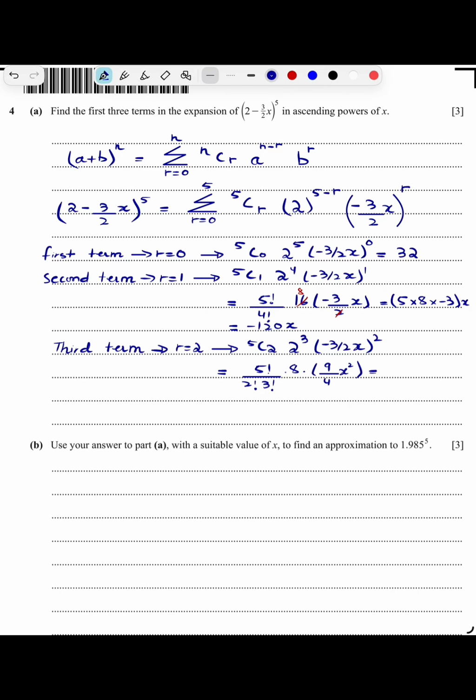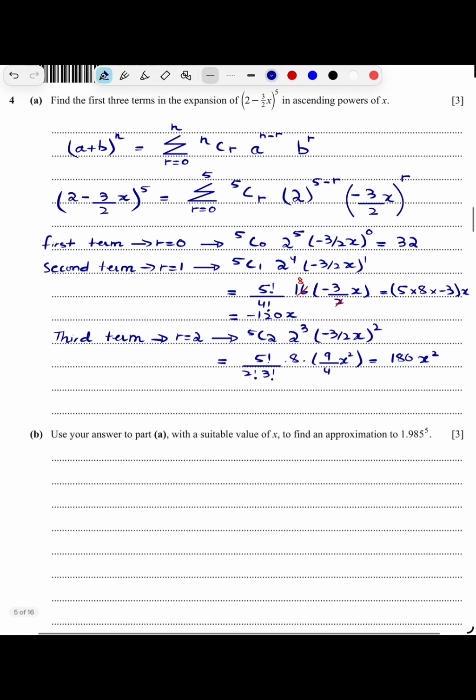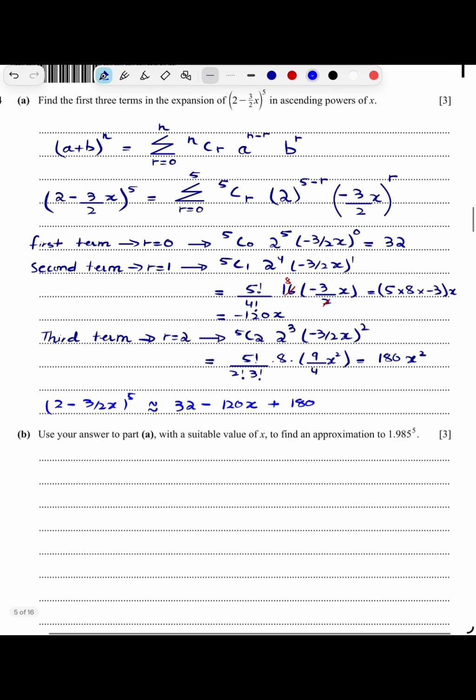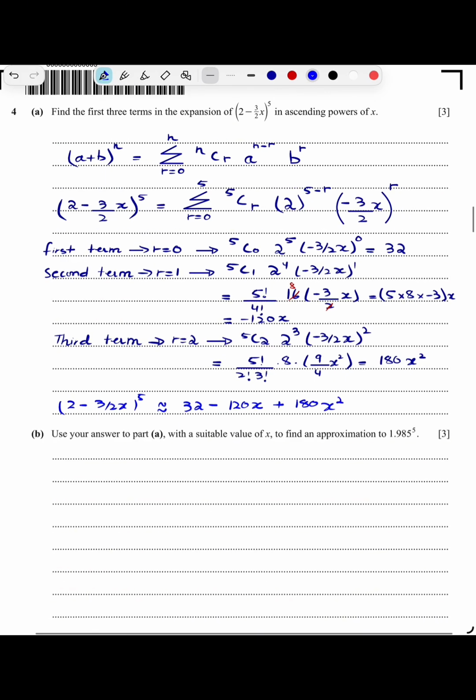When you simplify it, you're going to get 180x square. So yeah, that's it. The first 3 terms, we have them. 2 minus 3 over 2x power 5. We just have to write the first 3 terms as 32 minus 120x plus 180x square. And we're done with part A of question number 4.